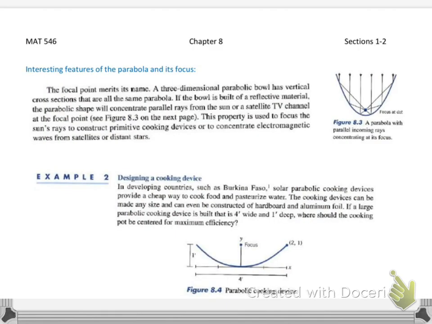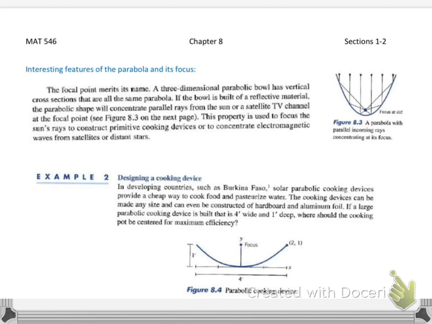On the top of this page, they start talking about the parabola and the focus. It says a focal point, so that's where the focus is located, merits its name. A three-dimensional parabolic bowl, so think about a parabola in 3D, has vertical cross-sections that are all the same parabola.